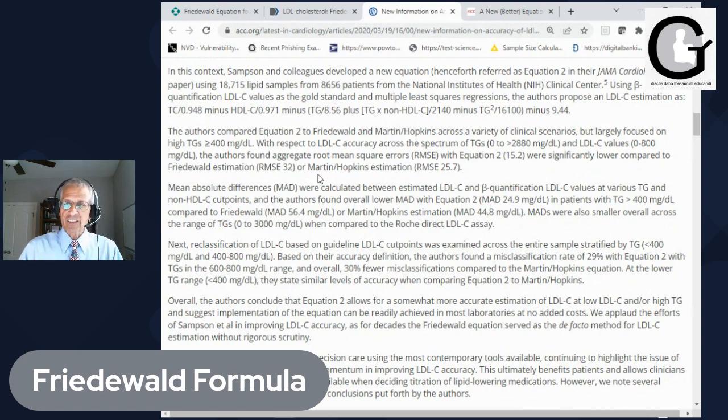But that's what they're talking about here. So the MAD here is 24.9. The MAD here is 56.4. That's a heck of a difference between the mean absolute deviation, or mean absolute differences. So that's the issue whenever we go about that.